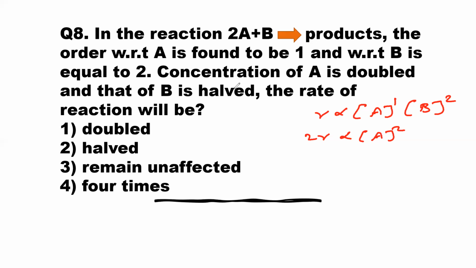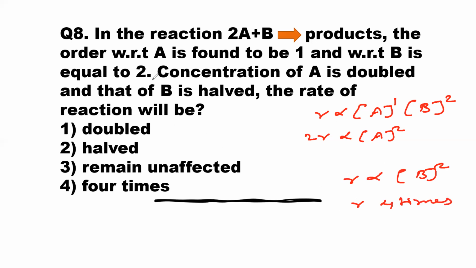And if the concentration of B is halved, and rate is proportional to B to the power of 2, the rate decreases by 4 times. And here it is increasing 2 times.